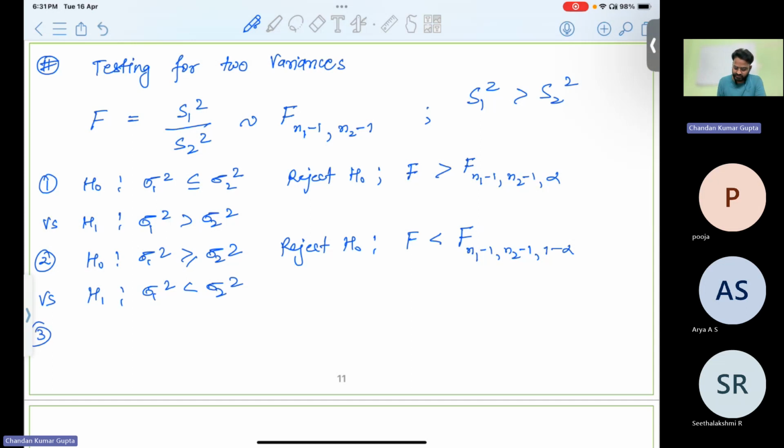And the last possibility is sigma 1 square equal to sigma 2 square against sigma 1 square not equal to sigma 2 square.